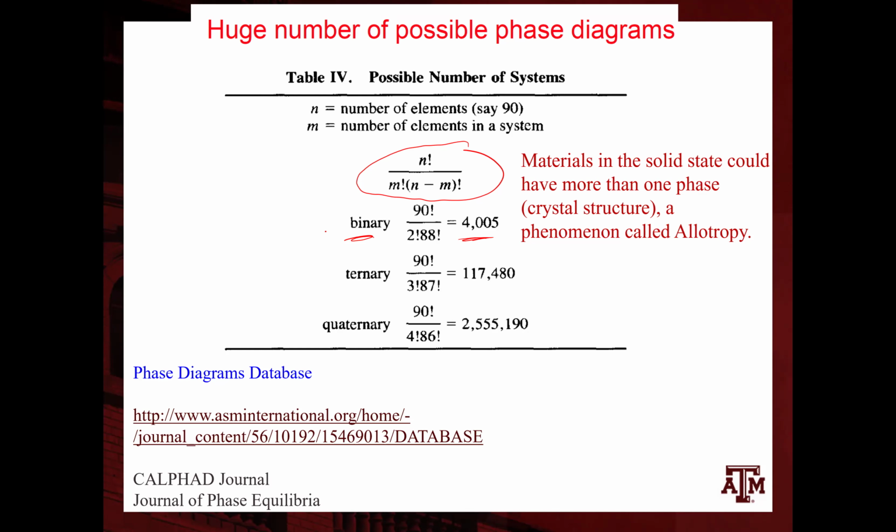The interesting trend is that as you increase the number of elements you accommodate in the material, the total number of options increases very rapidly. If you just have an alloy consisting of 4 elements, you have more than 2.5 million candidates. And that's why we have a lot of databases to document some of those materials when we either predict their properties or when we actually make them.